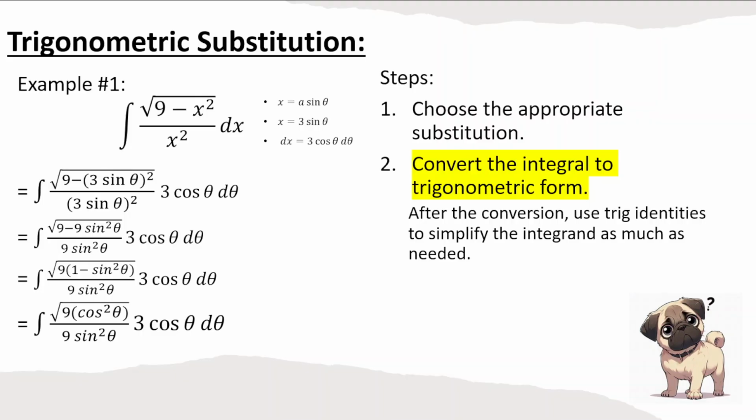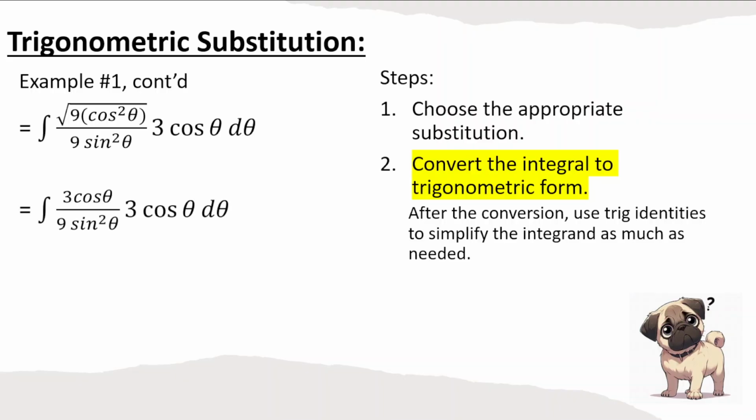Then taking the square root, that gives us 3 times the cosine of theta over 9 sine squared theta, times 3 cosine theta d theta. Now the 3 cosine thetas we can multiply together to get 9 cosine squared theta over 9 sine squared theta. After canceling out the common factor of 9, cosine over sine is equal to cotangent, and so after simplifying, we just have the integral of cotangent squared of theta d theta.